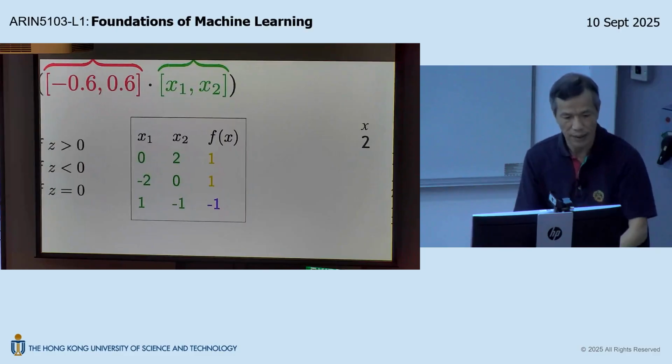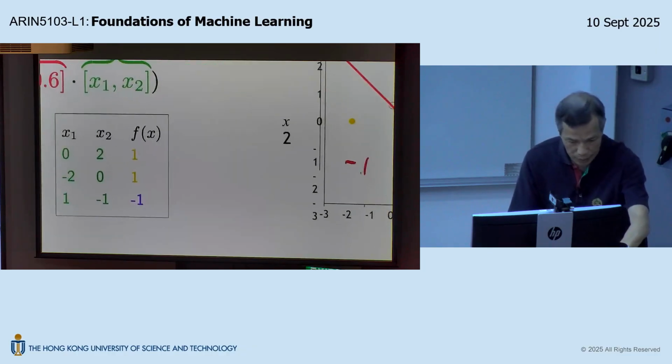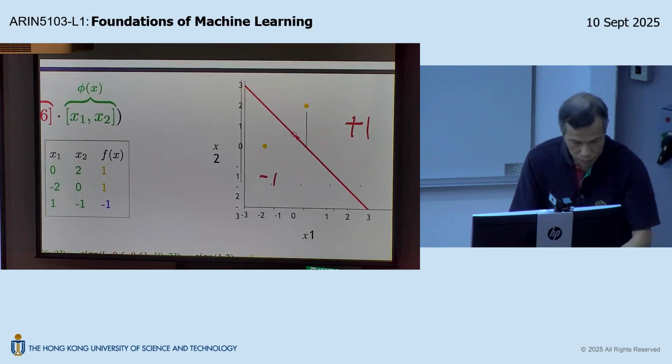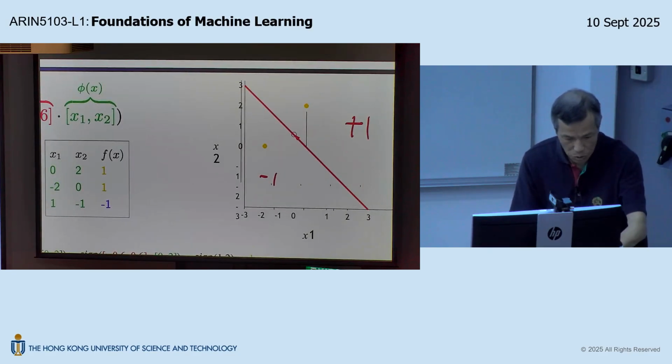Recall that this is the training sample. When x is equal to (0, 2), the training set says that the correct label is 1, and so on. Say for example, (0, 2) is here, and the model predicts the plus class. So the model is correct or incorrect?